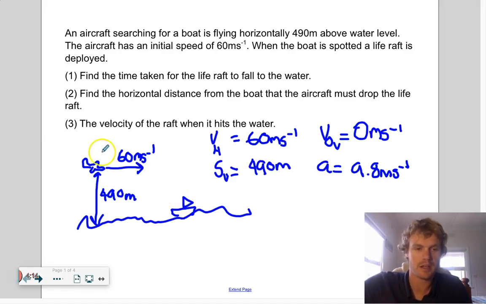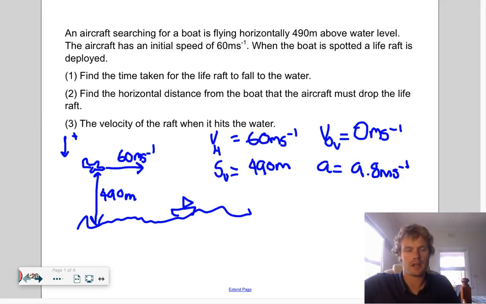Just for my ease, I'm going to call the downward motion, and define that as being positive. That way my acceleration due to gravity is positive and not negative. So I now know these bits of information.